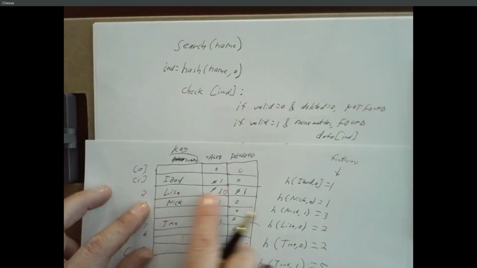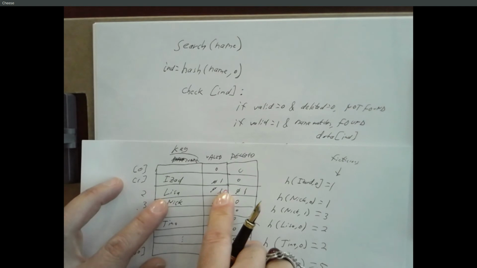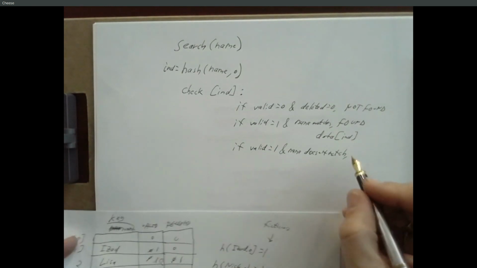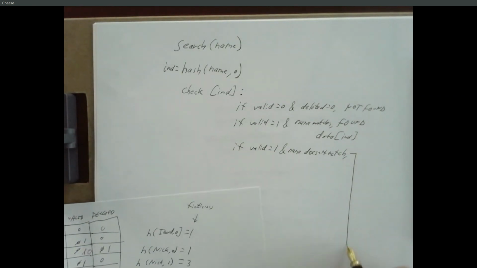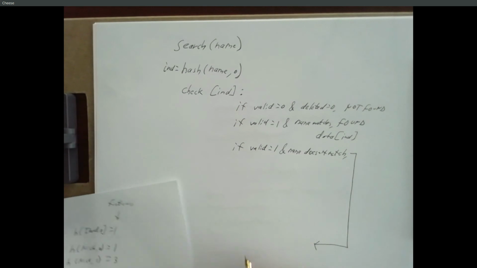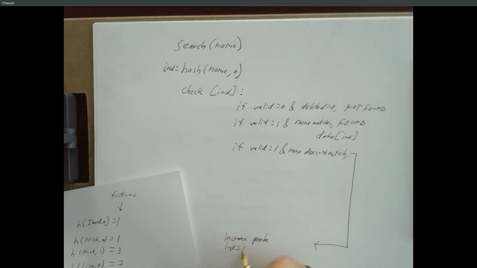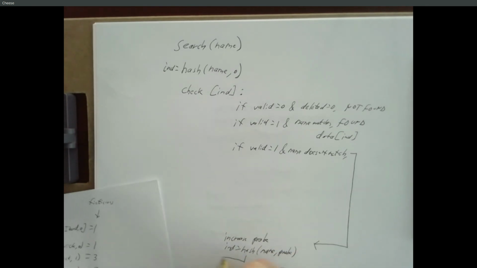It gave us location 2, and suppose that was valid, but Lisa's not Bob. We've got to reprobe, right? So we're going to come down here, which says reprobe. Increase the probe number. Rehash. And go back up here.